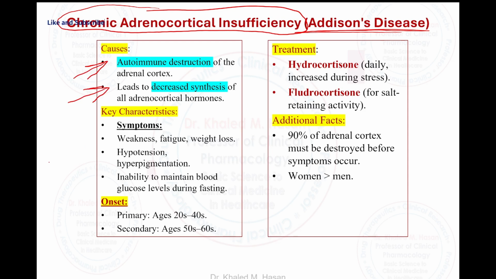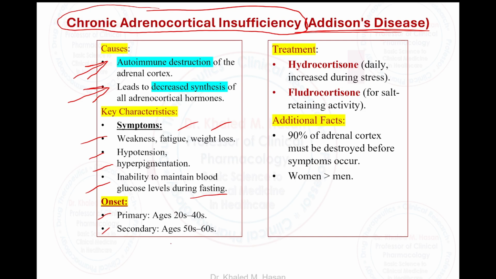The patient may suffer from weakness, fatigue, weight loss, hypotension, hyperpigmentation, and inability to maintain blood glucose level during fasting. It could start, primary or secondary, between 20 and 40 or 50 and 60, depending on the age and category.